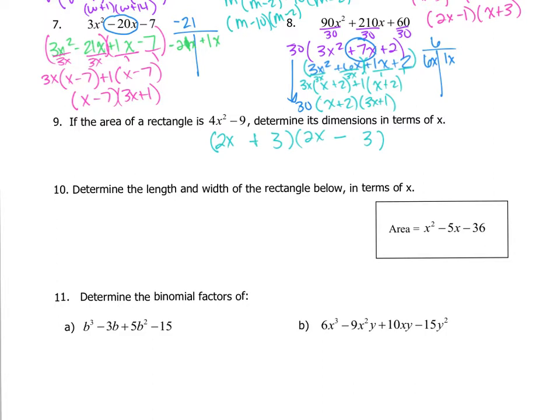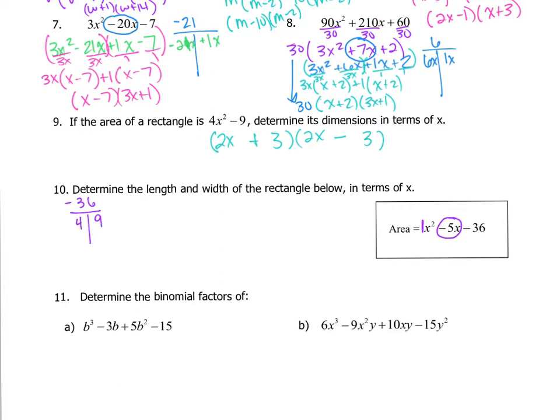Number 10, it says determine the length and the width of the rectangle below in terms of x. So we do the exact same thing, except this time we have to factor a trinomial, but it's just like we were just practicing. So we have to take our a times c, which is going to be negative 36. Find two numbers that will add to give us a negative 5. So I think that's going to be a 4 and a 9.